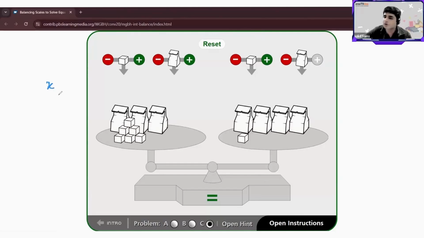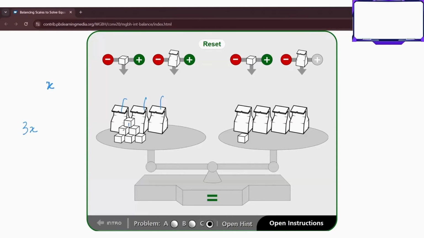Okay? So on one side of the equation, how many bags are there? 3 bags. So there will be 3x cubes in these 3 bags, plus 6.